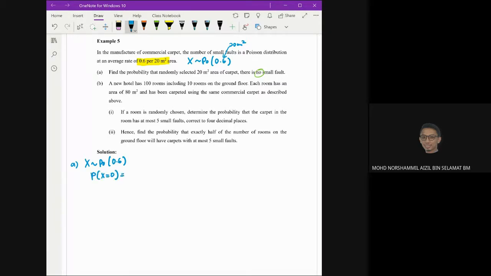Dapat tak? Ni ulang kaji balik je lah ni yang hampa belajar itu ni. Yang Poisson itu. Ingat balik formula Poisson macam mana? Exponential minus lambda, lambda power of 0 over 0 factorial. So calculate what you get.